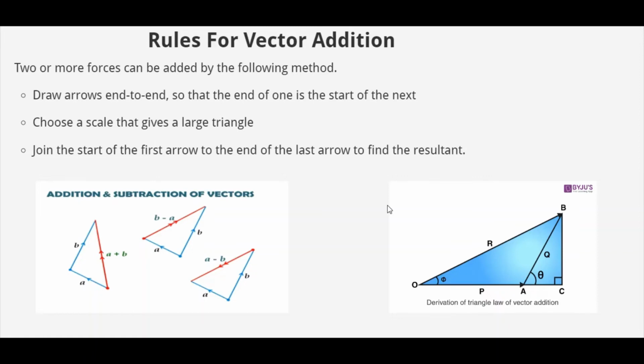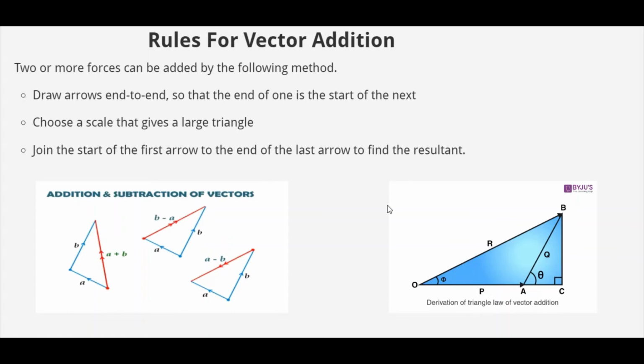But for subtraction involving A and B, A is facing the opposite side, while B is facing another side. That shows that vector A is greater than vector B. The same thing is applicable with the one at the top.